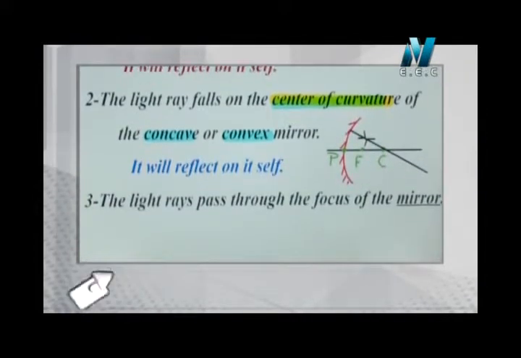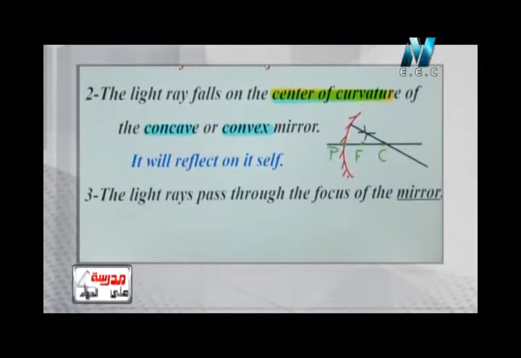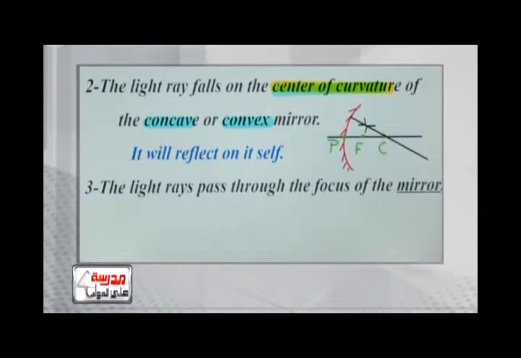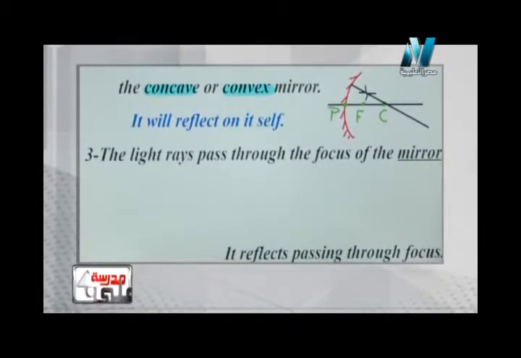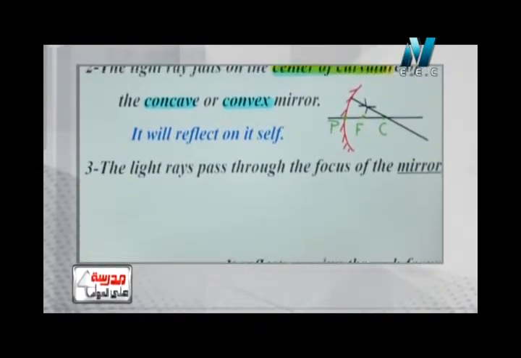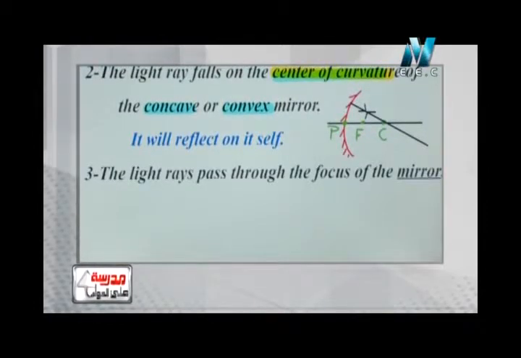As we have number 3: the light rays pass through the focus of the mirror. If the light ray passes through the focus of the mirror, as we have here, I will work on it again to remember. We have a concave mirror, where the inner surface of the sphere is the reflecting surface, like that.